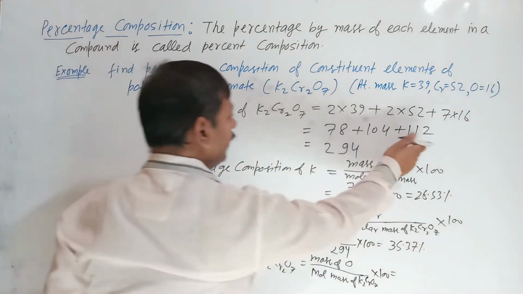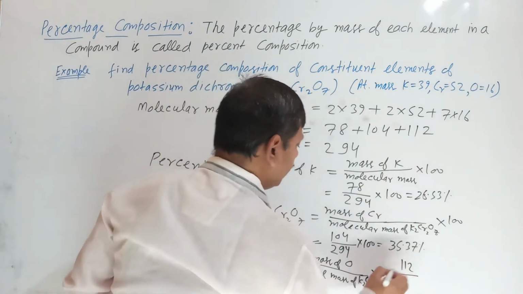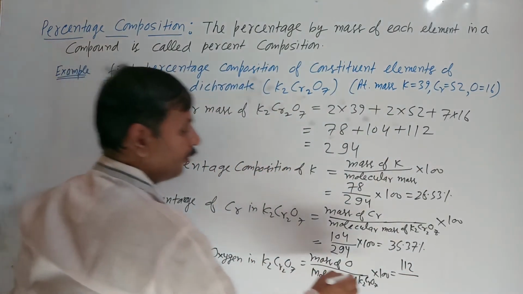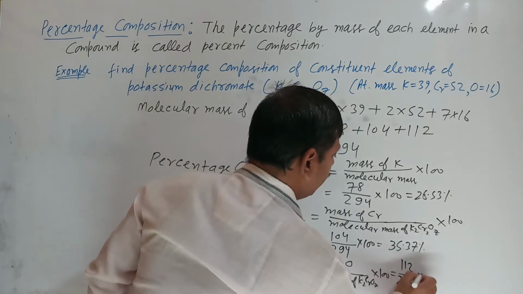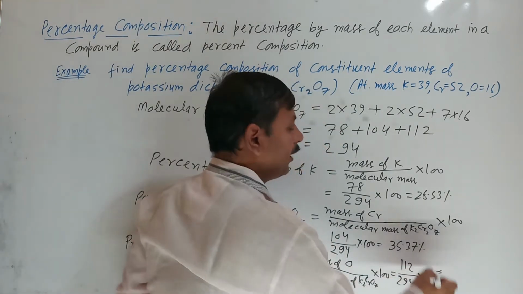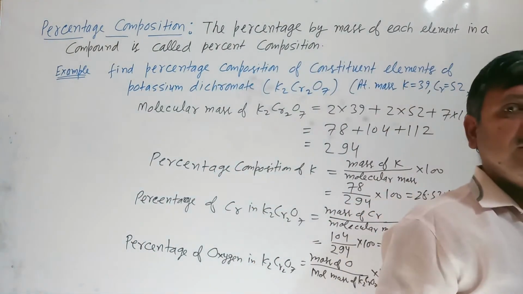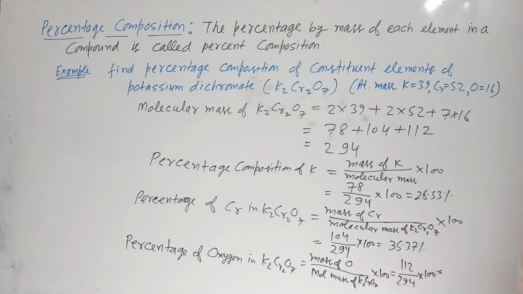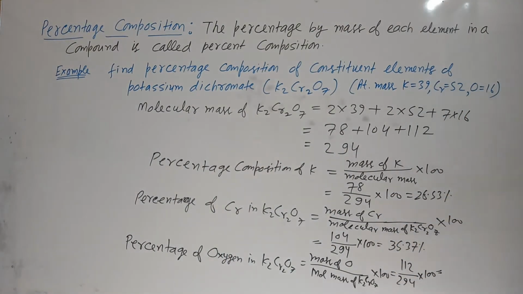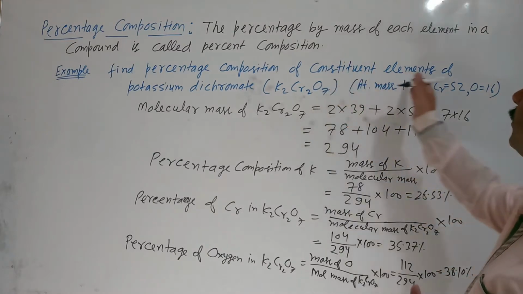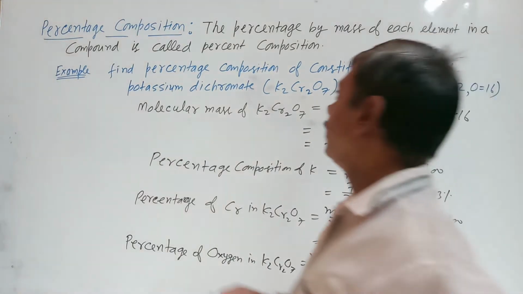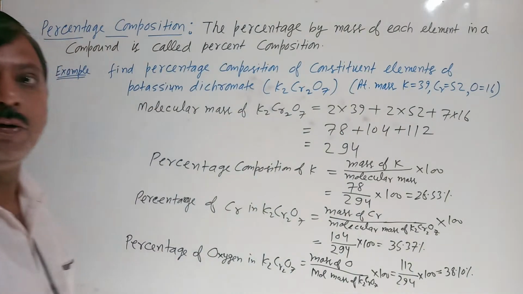Here mass will be 112 divided by molecular mass 294 multiplied by 100. Solve it, you will get 38.10%. This will be the percentage composition of constituent elements of potassium dichromate.